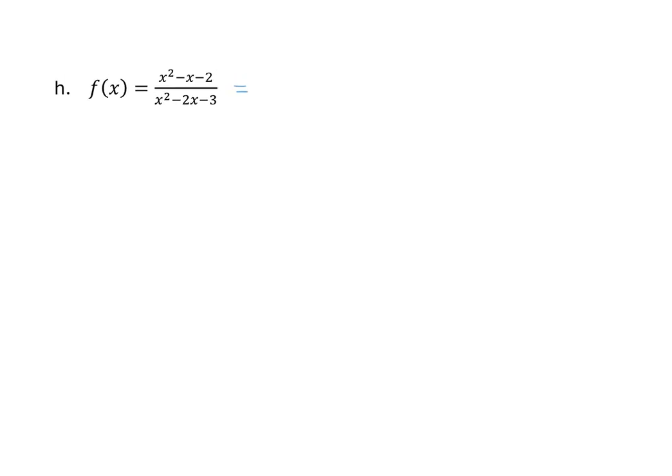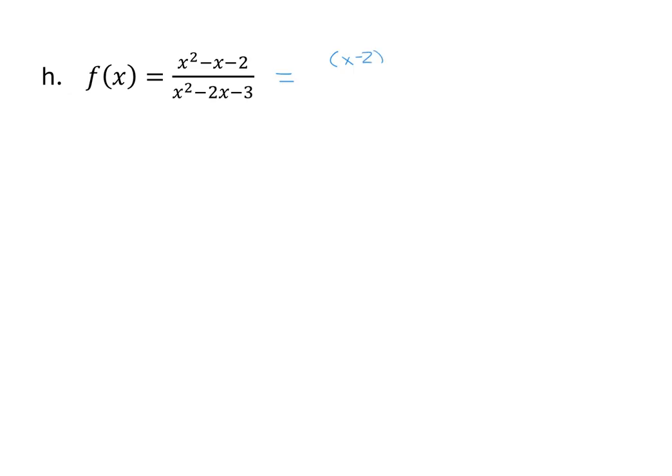If we factor the top and bottom, what we're going to get is x minus 2, x plus 1 over x minus 3, x plus 1. Before we simplify, we do have a hole when x equals -1. That is this factor right here. That does cancel out.